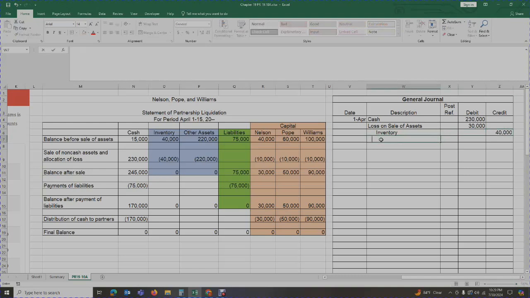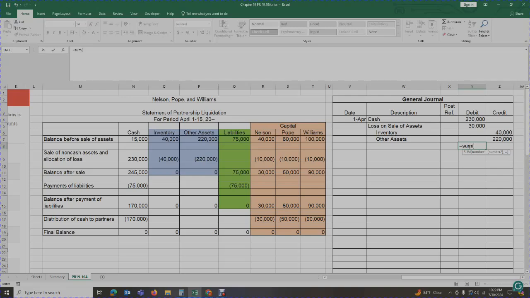Okay. Then we have other assets. Other assets is also an asset account with a normal balance of a debit. If I want to zero it out, I am going to credit it for $20,000. Okay. So here we have the entry. Make sure that your debits go first, your credits follow, and make sure that your debits equal your credits at all times.